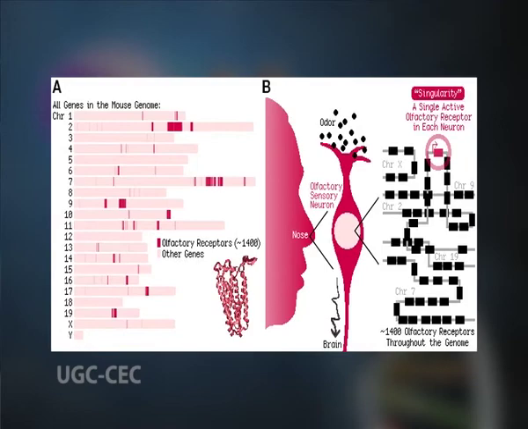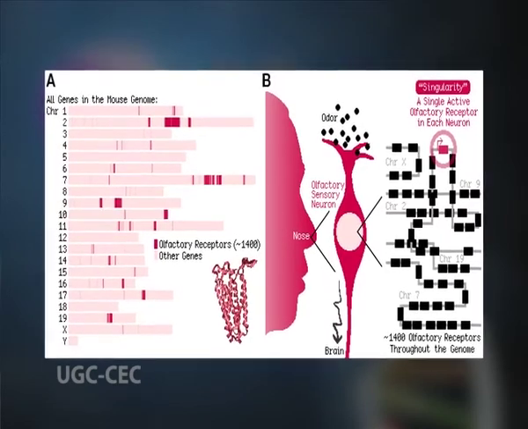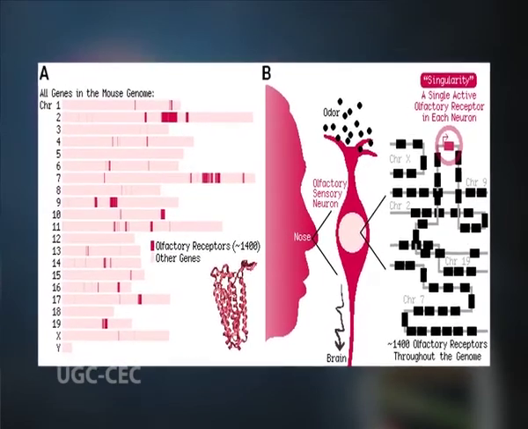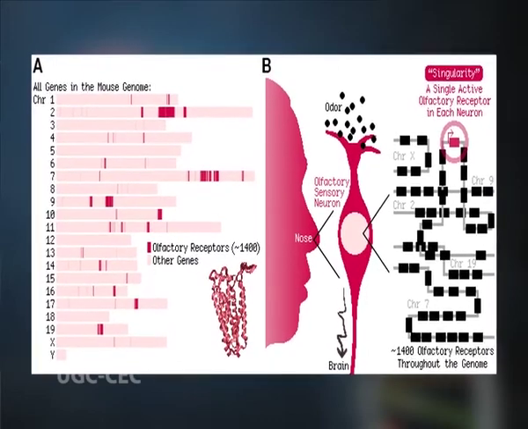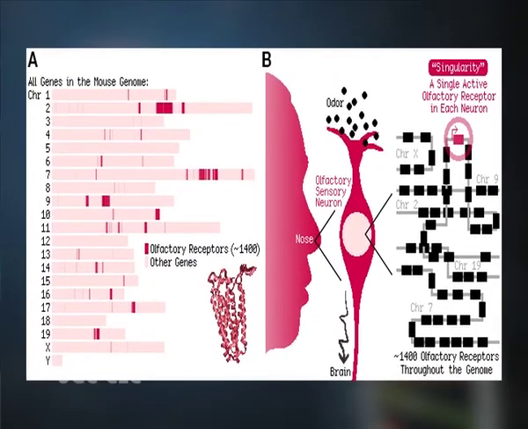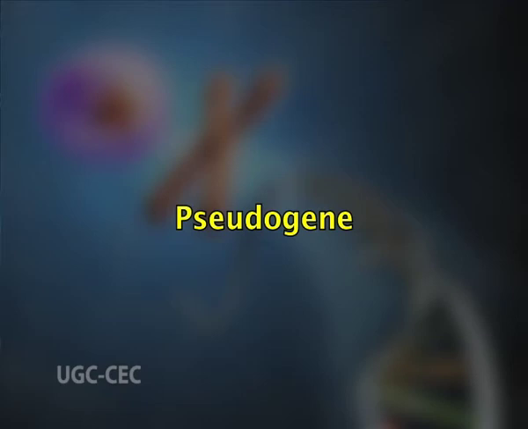Some gene families are organized in large clusters at different chromosomal locations. Example, the olfactory receptor gene family, which encodes a diverse repertoire of receptors which allow humans to discriminate thousands of different odors.